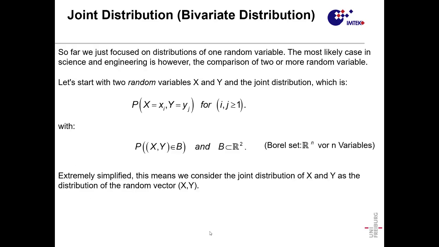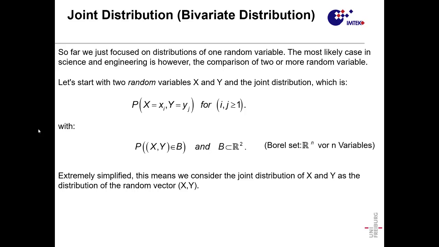Let's see. So, joint distribution. A joint or bivariate distribution is a distribution that is valued not only in one variable but in two, and it pretty much has the same properties as the univariate distribution, but now you will have two random values that it can take.